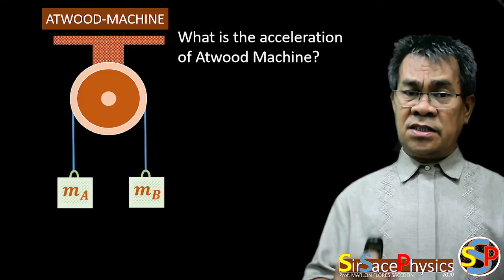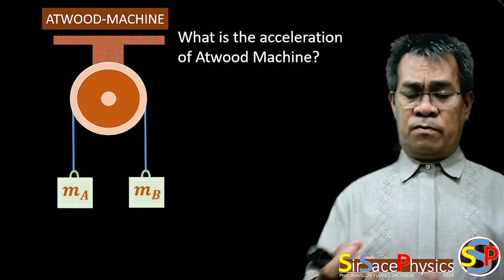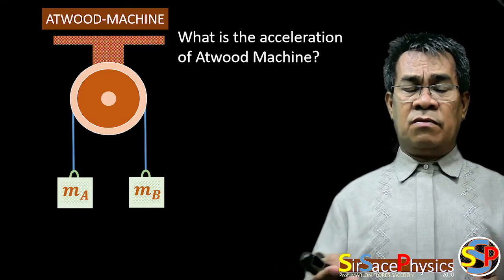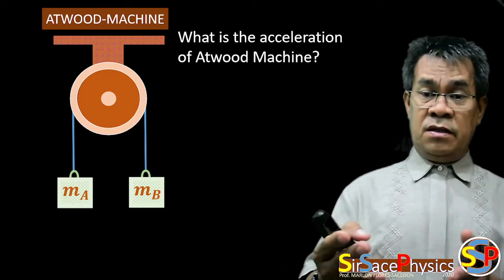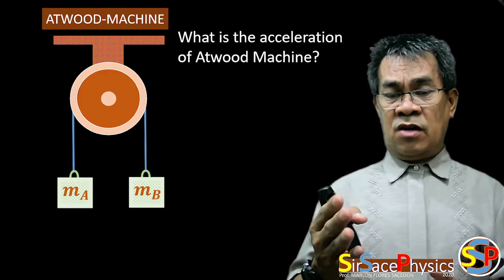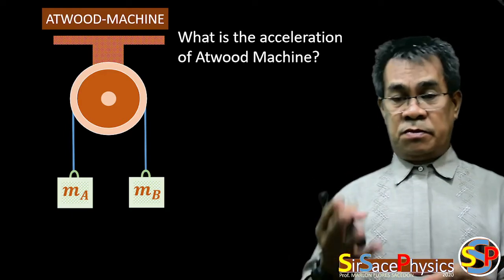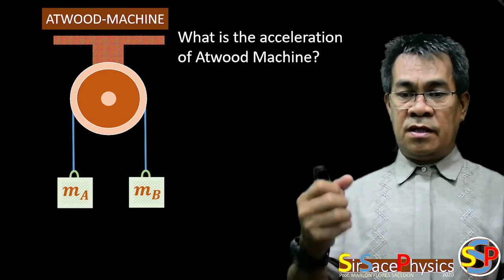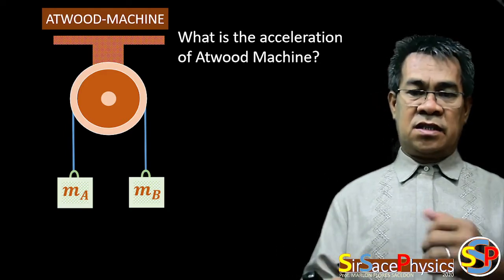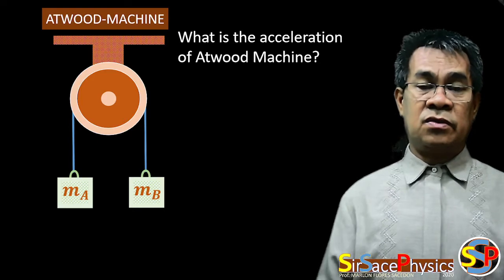So the task is to calculate or provide a relation for the acceleration. And maybe you will be asked how much tension the rope or string experiences because of that configuration, where mass A is attached to B. Those are questions that we need to answer.